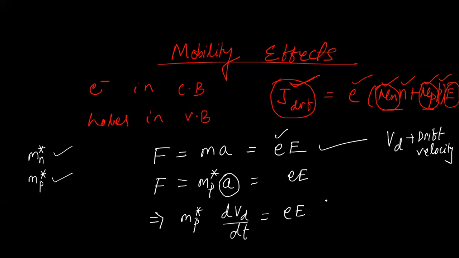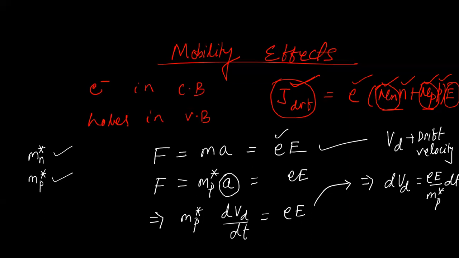Now if we rewrite it again, dvd, the variation of the drift velocity, can be written as eE divided by mp star, times dt.